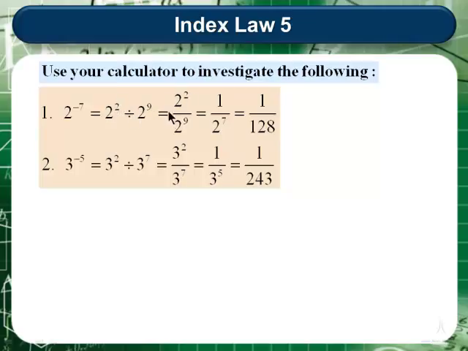Of course, this can be written in a fractional form, and if we consider that 2 to the power 2 is 2 multiplied by itself twice, and 2 to the power 9 is 2 multiplied by itself 9 times, 2 of the factors of 2 will cancel out, and we will end up with 2 multiplied by itself 7 times in the denominator position, which you can write like this.